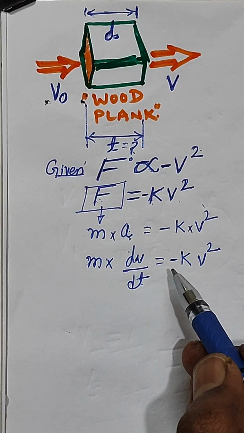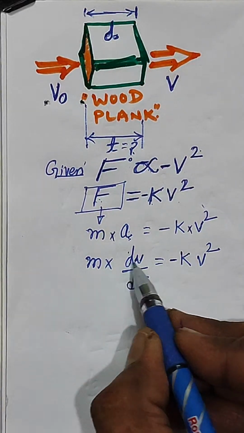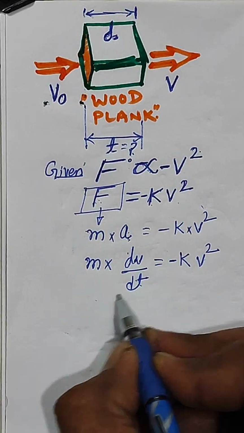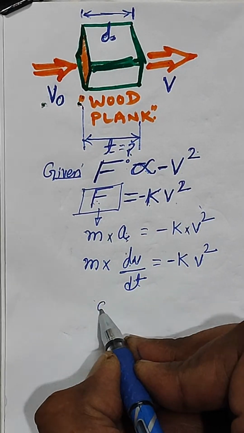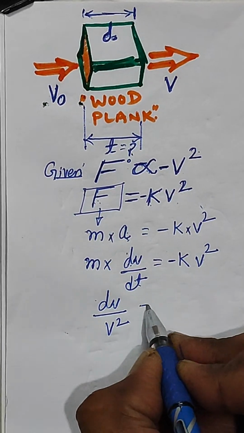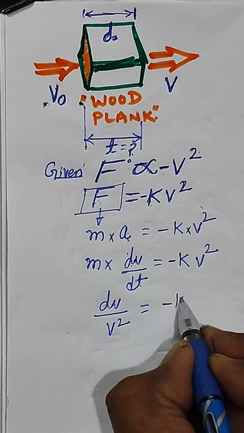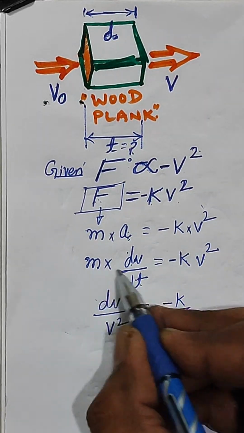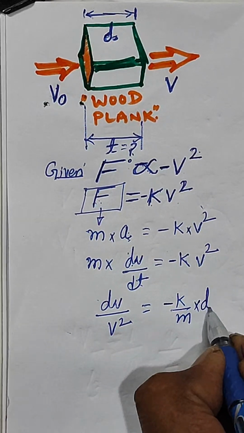Then we can rewrite it by bringing the velocity to the other side: dv by v square is equal to minus k by m into dt.